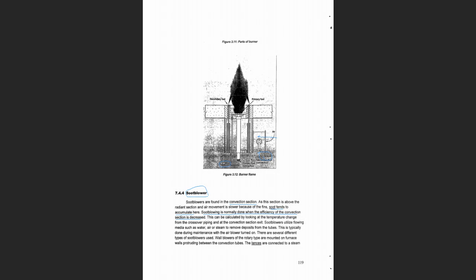جميل. طبعا eventually they have to clean it up, so they have what is known as a soot blower. Soot blower هذا وظيفته انه soot blowers, as I'm highlighting right now, utilize flowing media such as water, air, or steam.